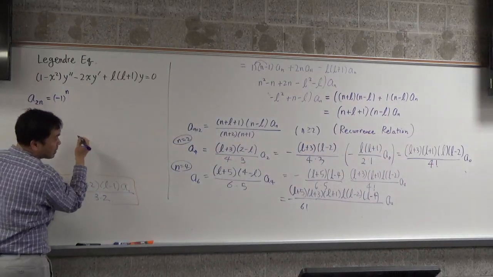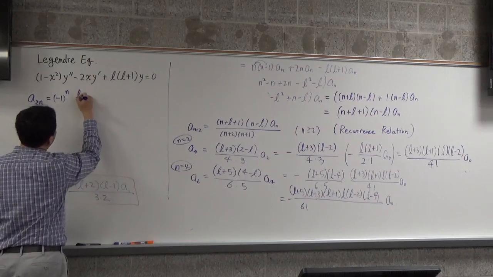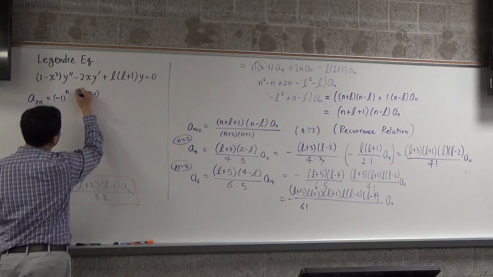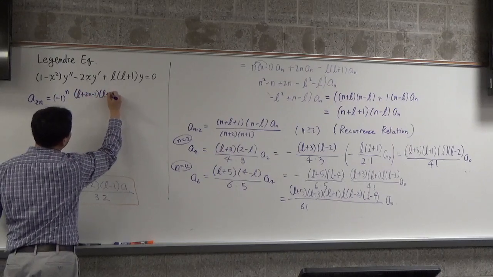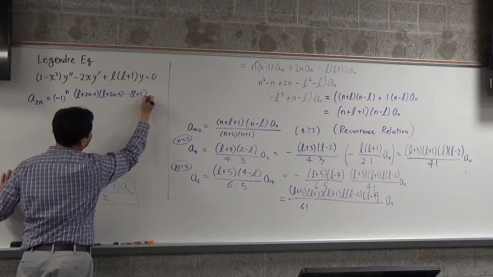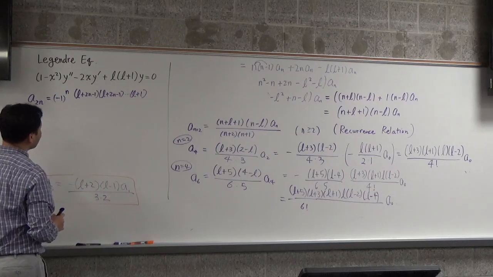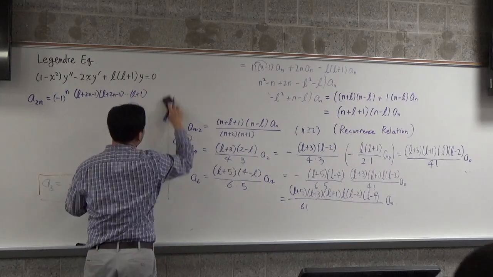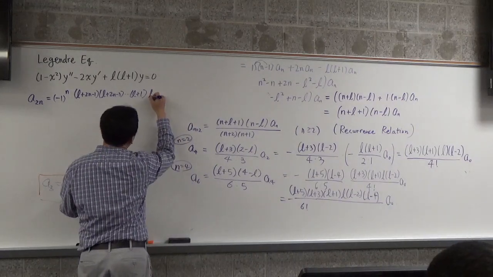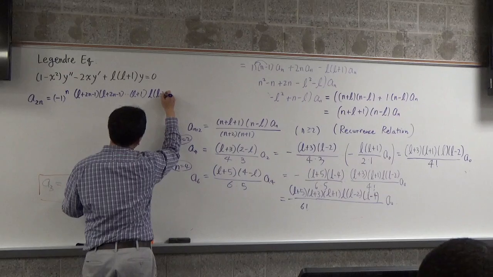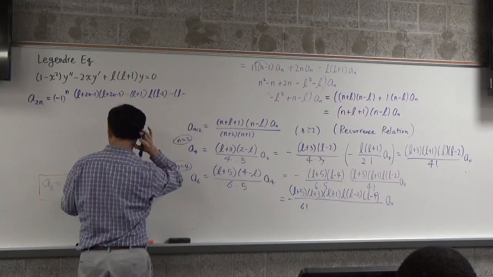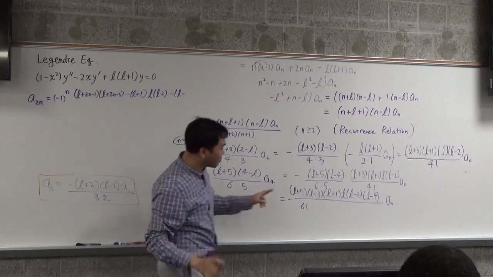On the top, I have L plus 2n minus 1, L plus 2n minus 3, all the way up till L plus 1. Can't fit in here. Okay. And then L minus 2, all the way up till L minus... well, if it was 4, it goes up till 2.